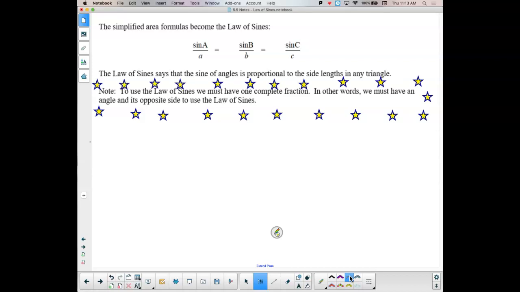In order to utilize the law of sines, you have to have one complete fraction. Meaning, you've got to have a side and its opposite angle, or an angle and its opposite side. That's the restriction for the law of sines. Otherwise, law of sines is the one you're going to go to all the time, because it's much simpler than law of cosines.